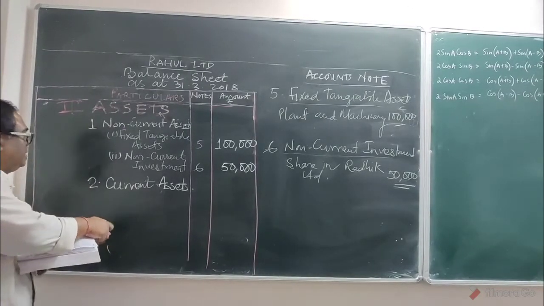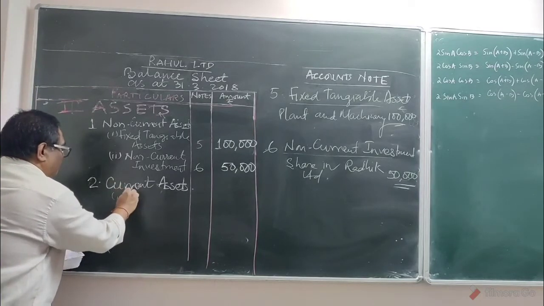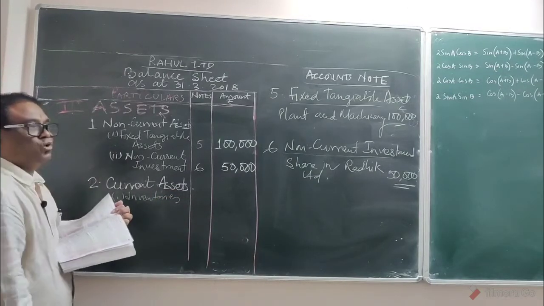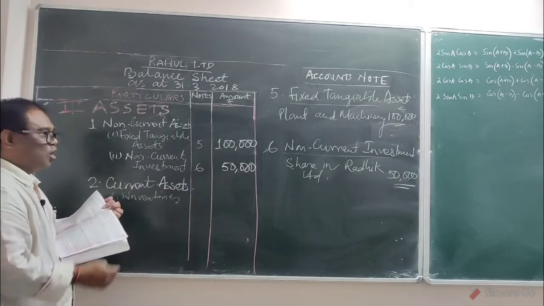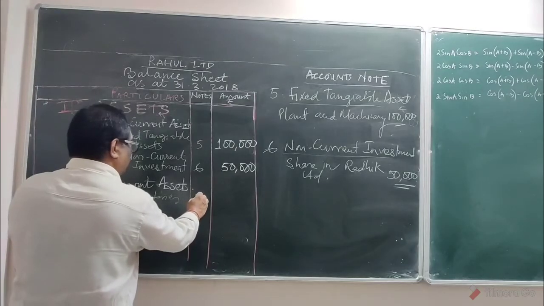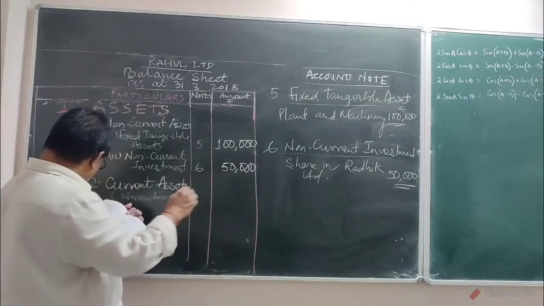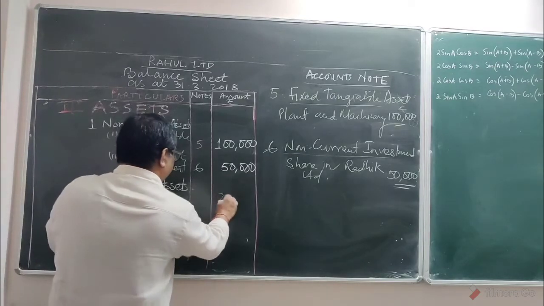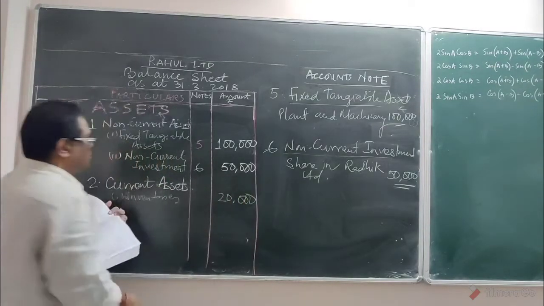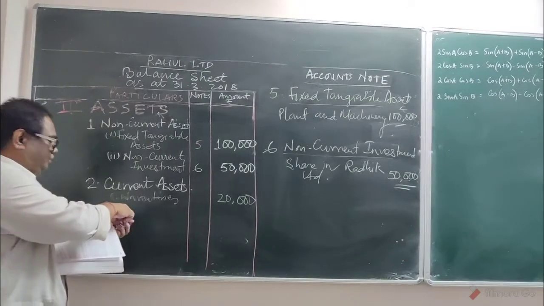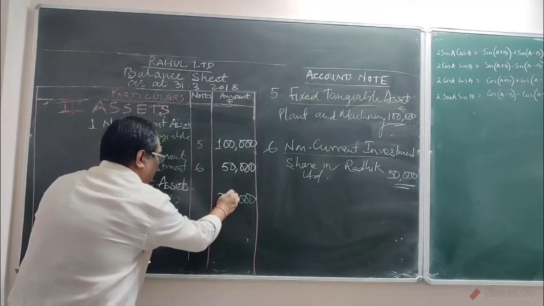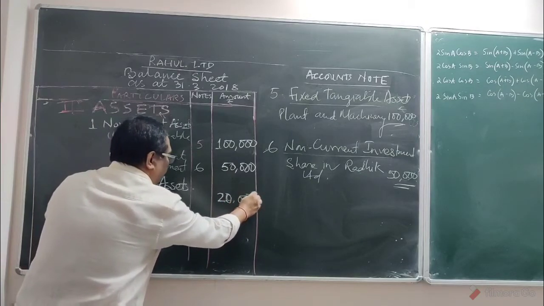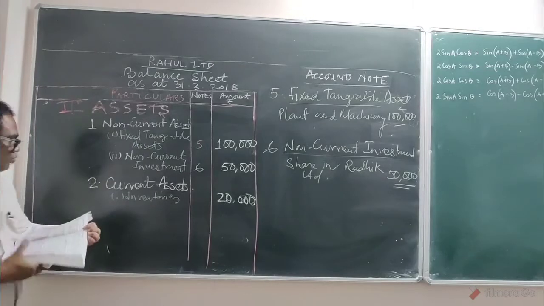In other questions you may get stores, spares, closing stock, work in progress. All this may be given directly, and no working note is required. Under the heading inventories we have 20,000.